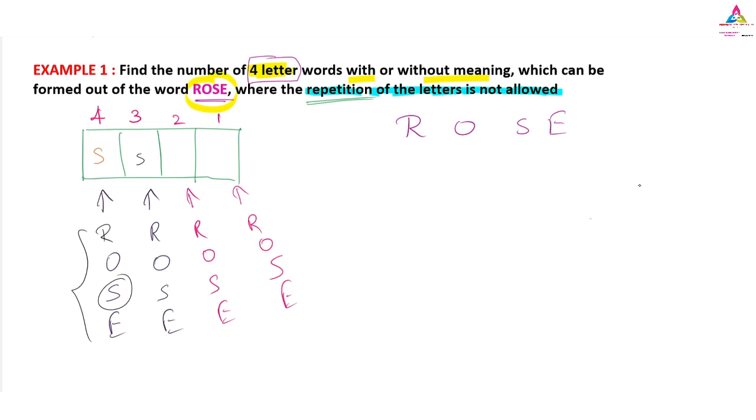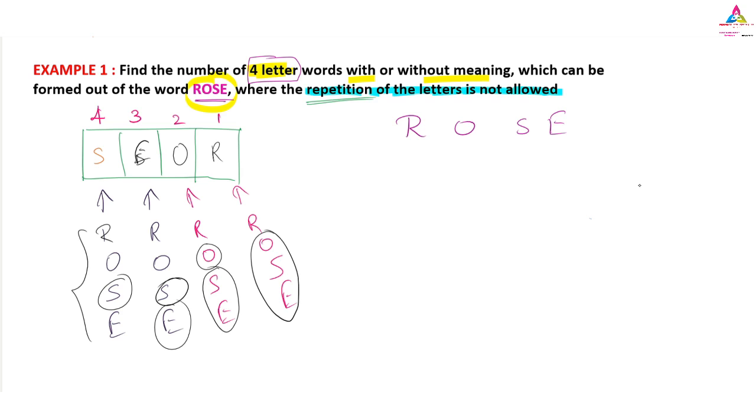So now I will take E. For the third place, S and E are not possible, only R or O. I will put O. For the last place, O, S, E are not possible, so only one choice, that is R.